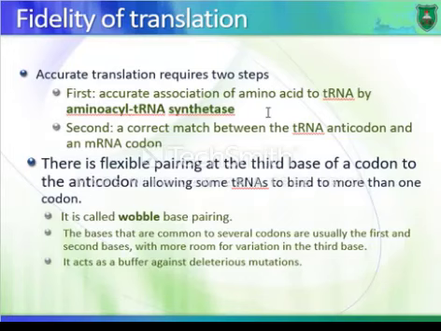The second step is the correct matching between the tRNA anticodon and the mRNA codon. تذكروا في عندنا التريبلتس في الكودون أو الانتيكودون لازم الانتيكودون should match and be complementary to the codon in the mRNA. لكن السؤال التالي, is it a must that the anticodon should match completely the codon in the mRNA?